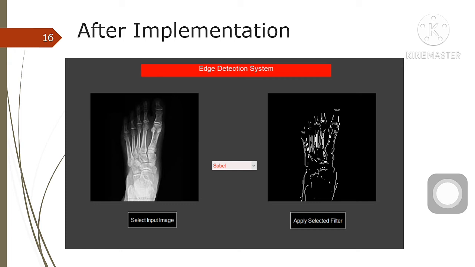After implementing, select the x-ray of the human leg, then select the Sobel filter and get the output for the human leg.